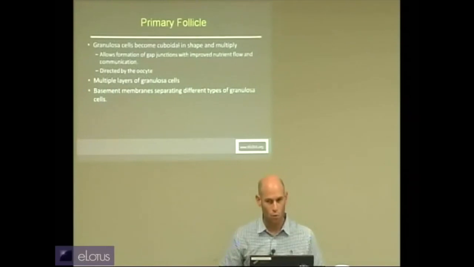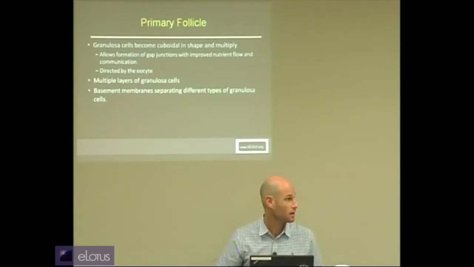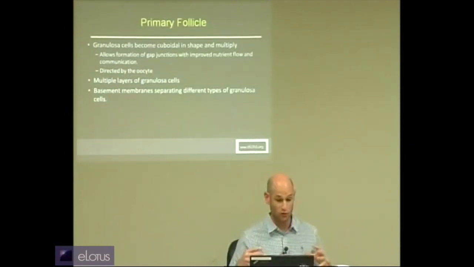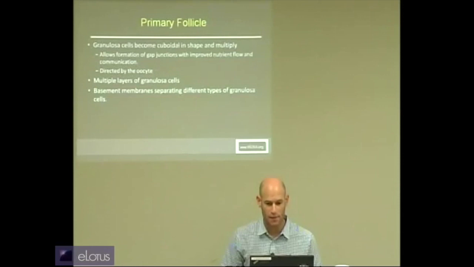Now, the next stage from the primordial follicle in growth towards becoming the egg that ovulates is that it becomes the primary follicle. And in the primary follicle, the granulosa cells become more cuboidal in shape, and they multiply. And this multiplication allows formation of gap junctions, which are the ways that those cells communicate with each other, and they improve nutrient flow and communication.